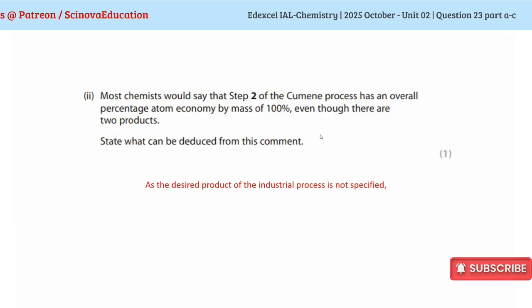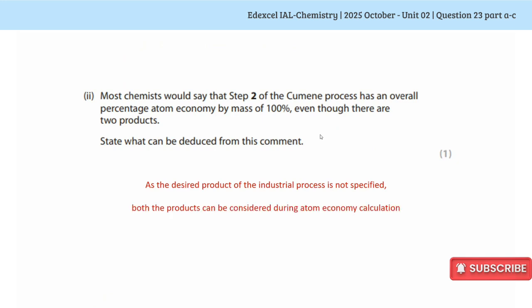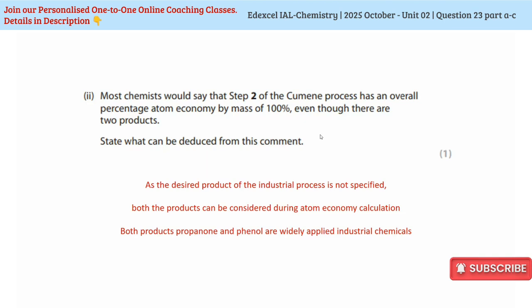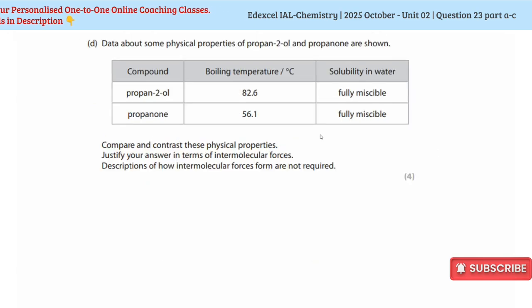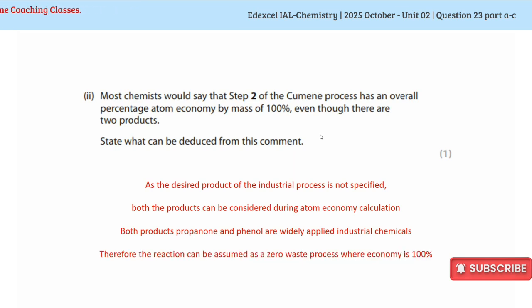So we can say, as the desired product of the industrial process is not specified, both products can be considered during the atom economy calculation. Both products, propanone and phenol, are widely applied industrial chemicals. Therefore, the reaction can be assumed to be a zero waste process where atom economy is 100%.